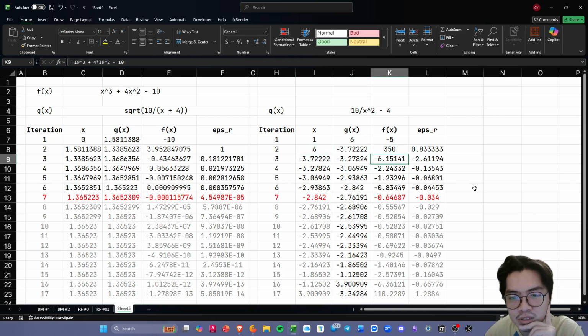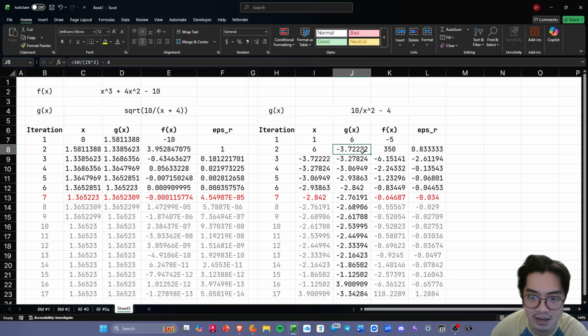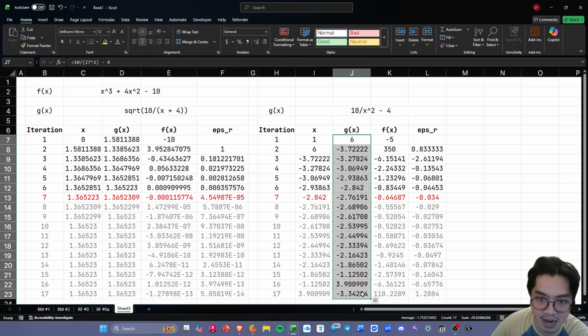And what you're going to see in here is that your f of x, oh my goodness. Yeah, look at that. It's just going to bounce, right? What's currently happening is that it's not converging to a particular value, this g of x.